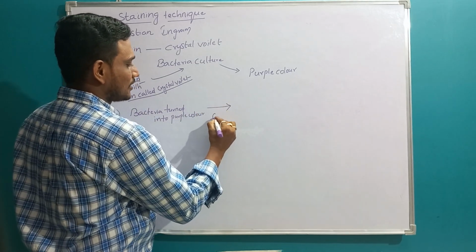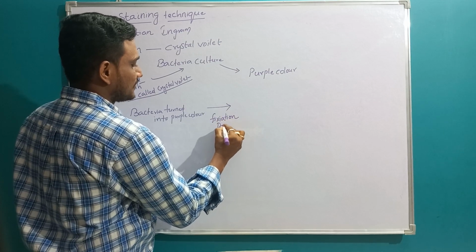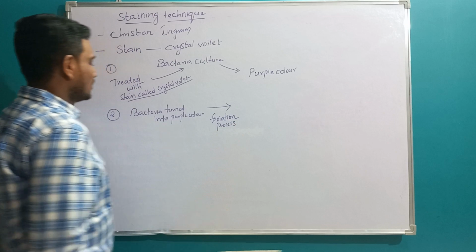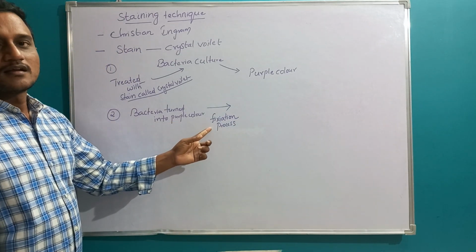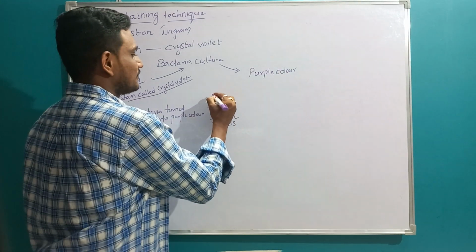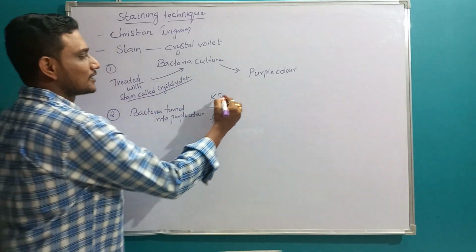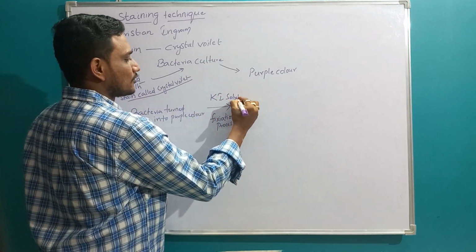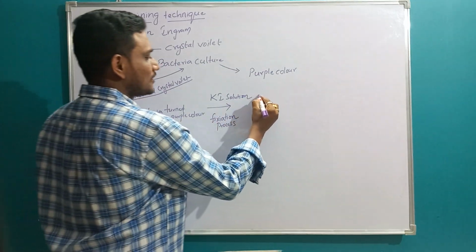That process is called the fixation process. The bacteria that turned purple undergo fixation with potassium iodide solution, the KI solution.